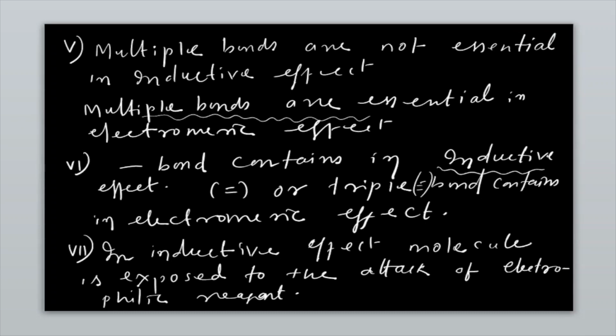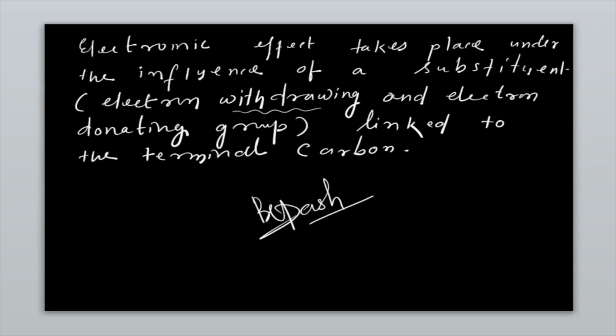Whereas just the opposite in electrometric effect: it takes place under the influence of substituents, electron withdrawing or electron donating groups linked to the terminal carbon atom. Electron withdrawing means which will take the negative electron, and electron donating means a releasing group.